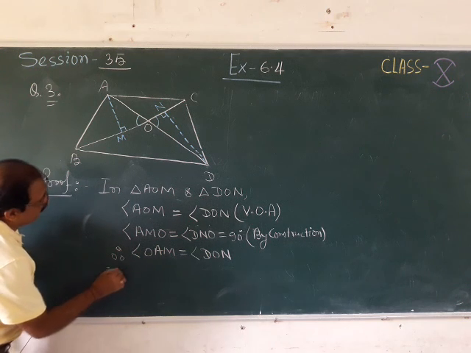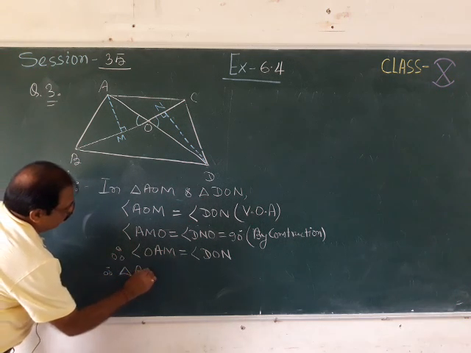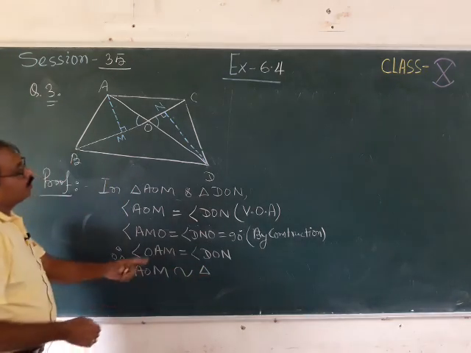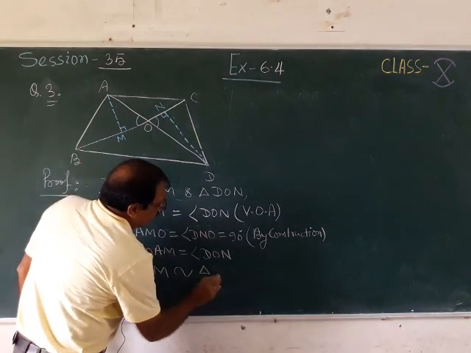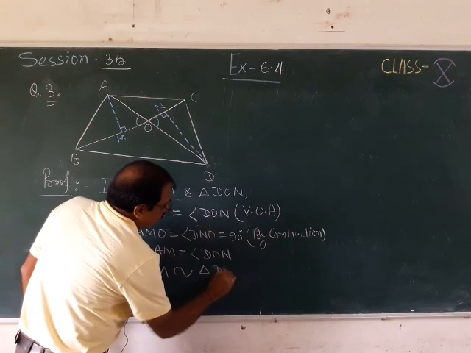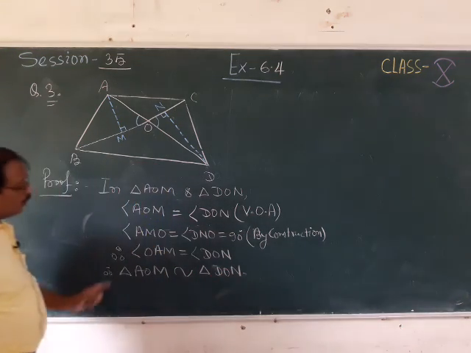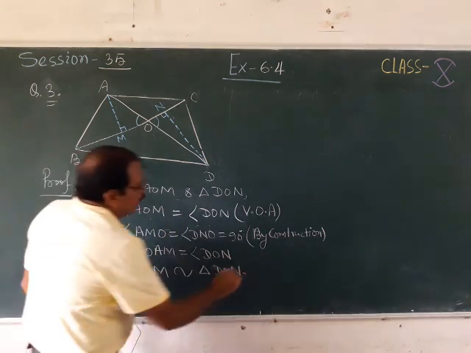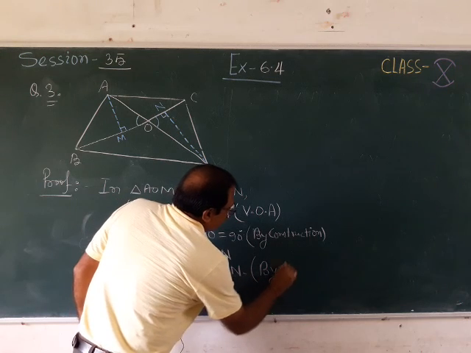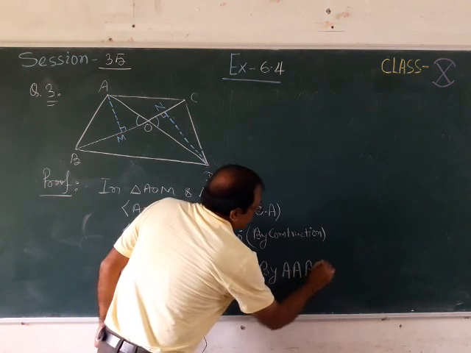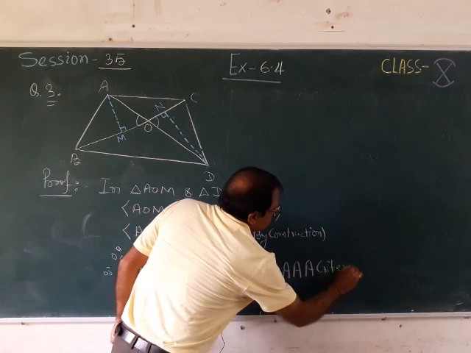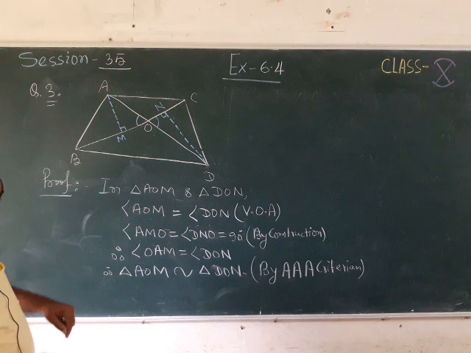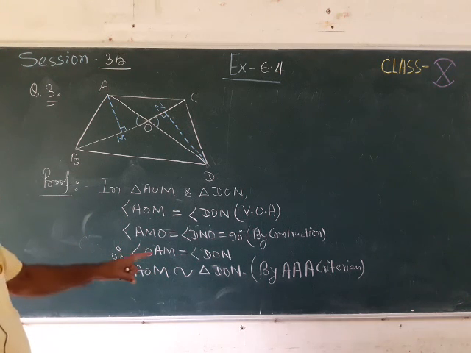Therefore, triangle AOM is similar to triangle DON. In this case, both these triangles are similar to each other by the AAA criterion. So you can write, by the AAA criterion, these two triangles are similar.